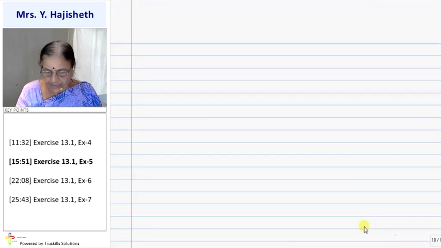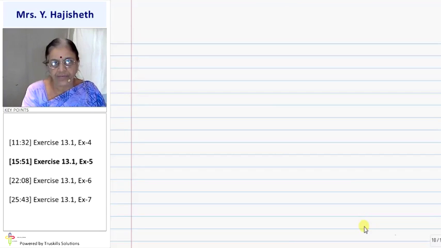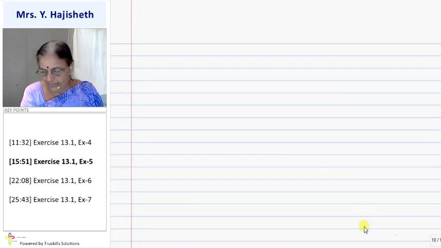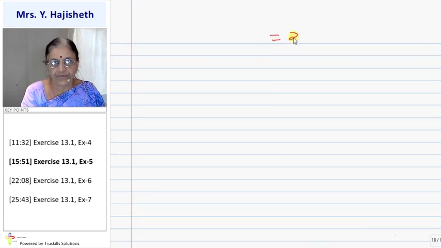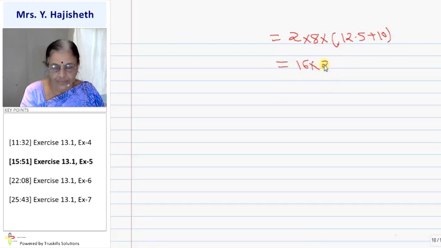It is coming 2 into 8 into L plus B, which is 12.5 plus 10. So it is 16 into 22.5. So it is 360 centimeter square.